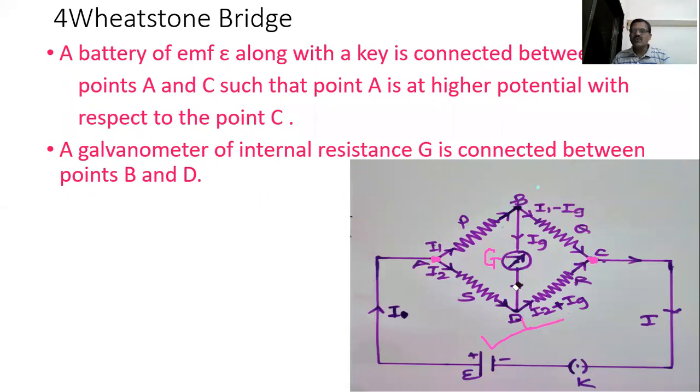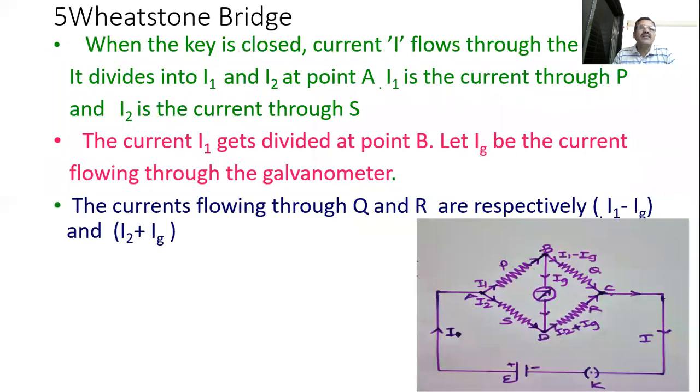So here the cell and key are connected between the points A and C, and the galvanometer is connected between the points B and D. When the key is closed, current I flows through the circuit.